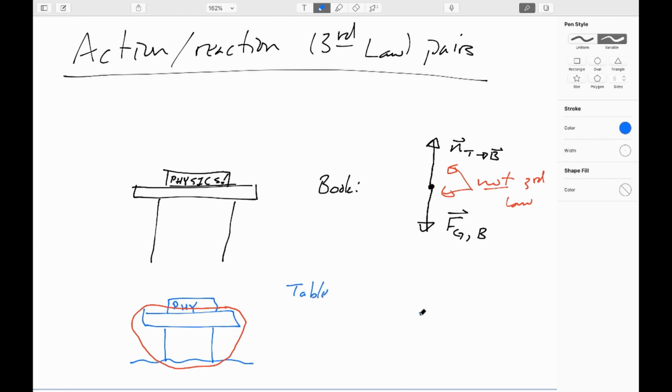what we'll have is a normal force from the Earth on the table. And as this cuts through from the book, there's also a normal force from the book on the table.